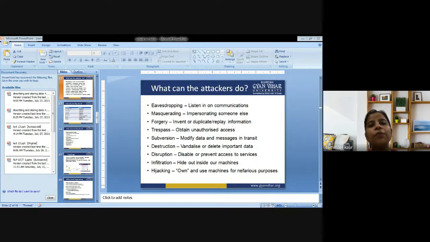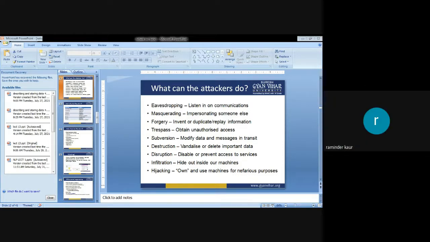With the help of social engineering, such as sending a link via email, an attacker may trick the users of a web application into executing actions of the attacker's choosing.